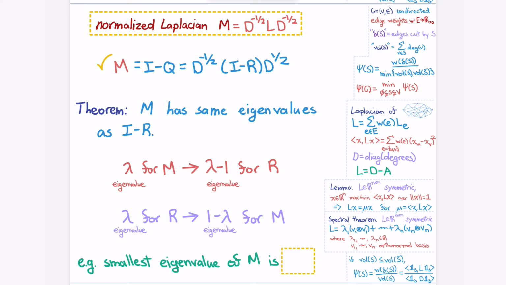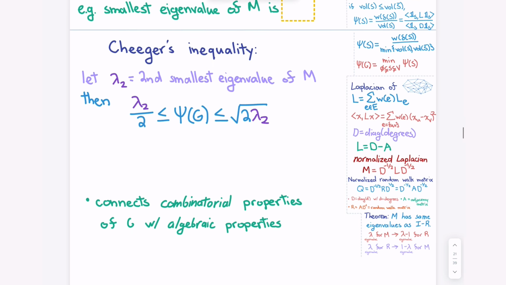Every time I have an eigenvalue of M, then that eigenvalue minus 1 is the eigenvalue for R, just by flipping around what I minus R is equal to M, or I minus Q, sorry, means. So Q has the same eigenvalues as R, and M is the same as I minus Q. So M has the same eigenvalues as I minus R. Good, we're just making progress.